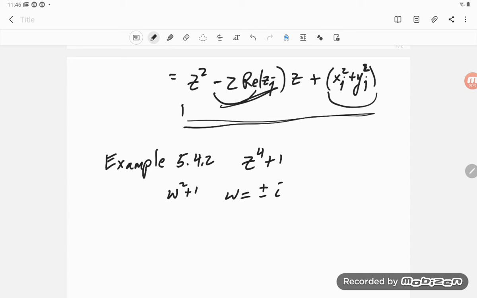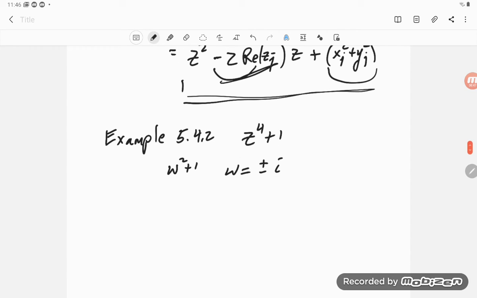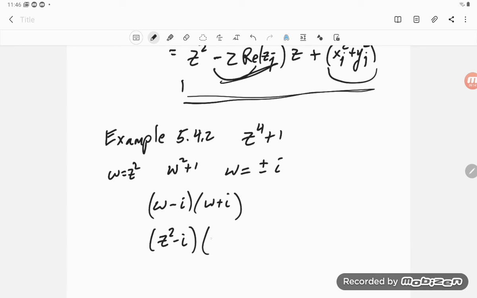So those are the roots, and so what that means is we can factor w squared plus 1 into w minus i times w plus i, but w was just z squared. So then that gives us z squared minus i times z squared plus i.